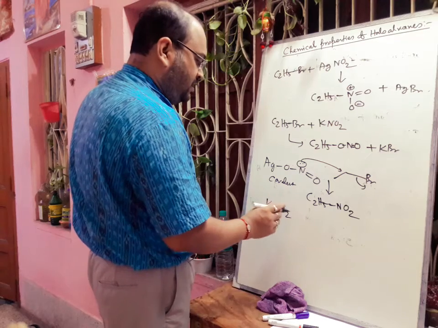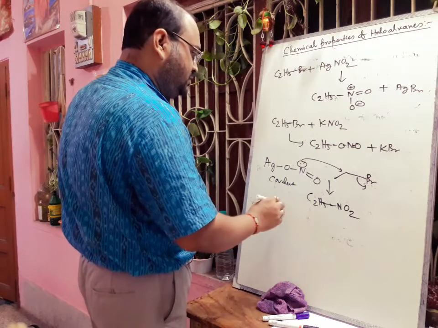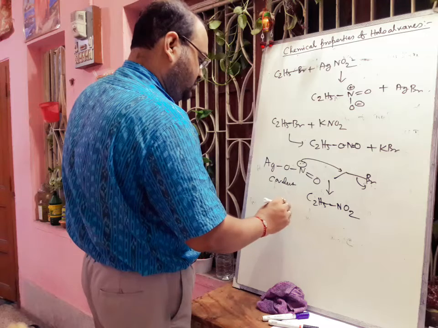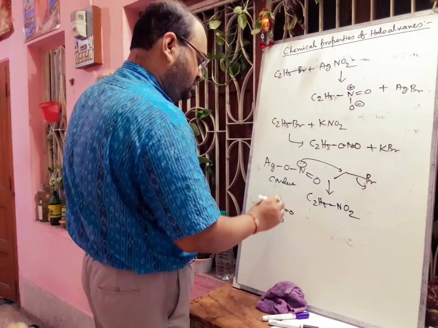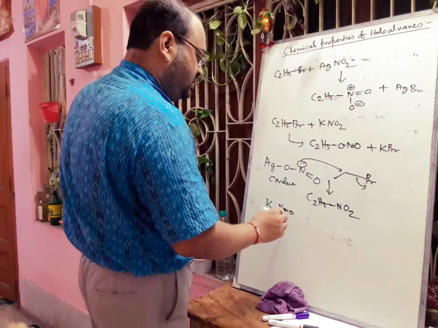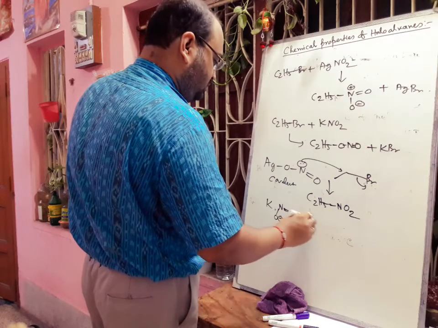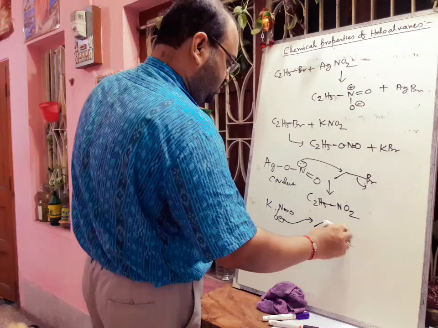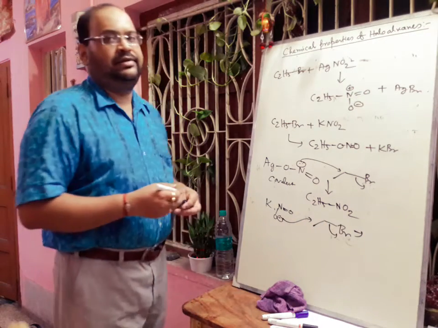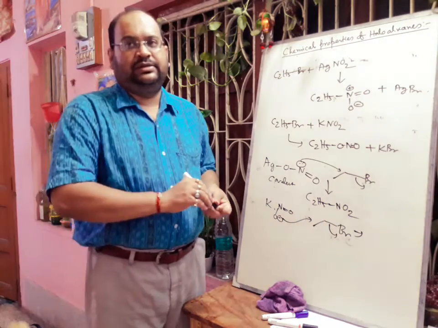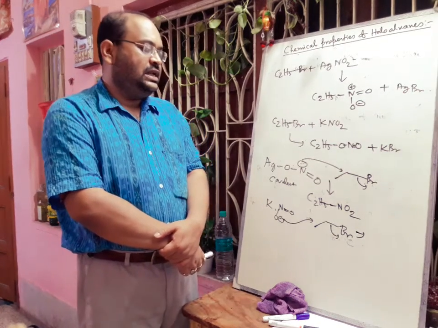So here O minus is free, so this O minus will attack, and we will get the product that is called ethyl nitrite.